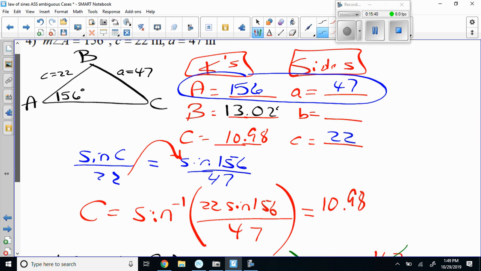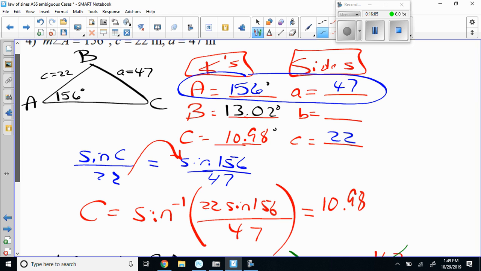Y'all with me? I've got two angles of the triangle. If I add those together and subtract it from 180, I got the missing one, right? Or I can take 180 minus that one and then minus the other. That would leave me with the resultant of the third, right?